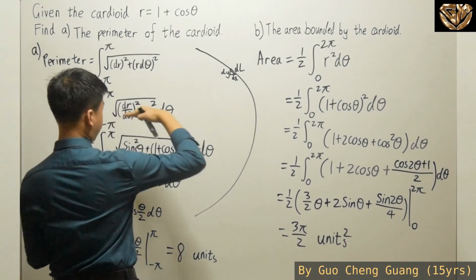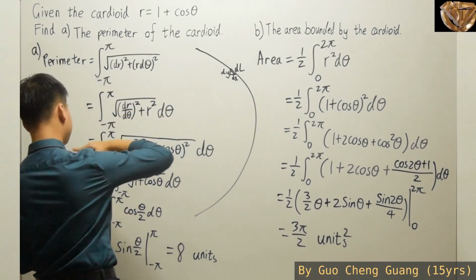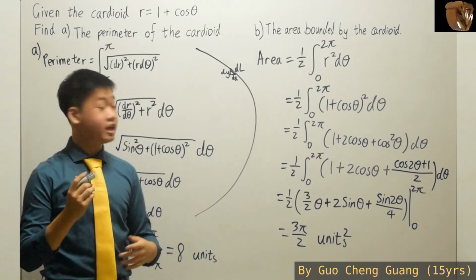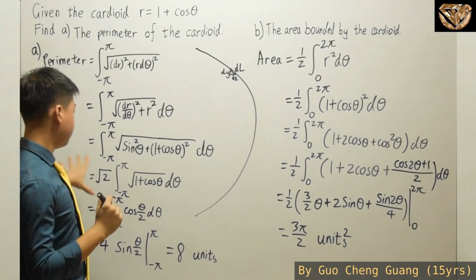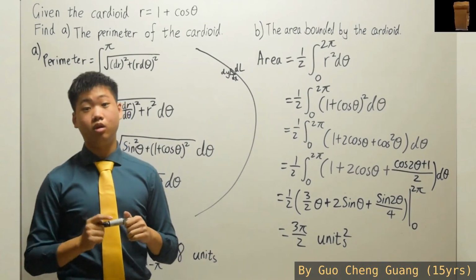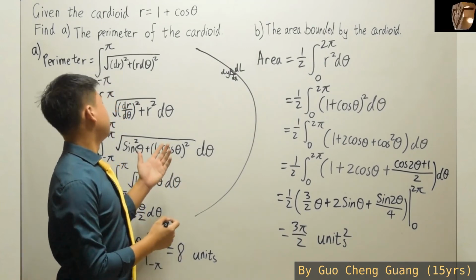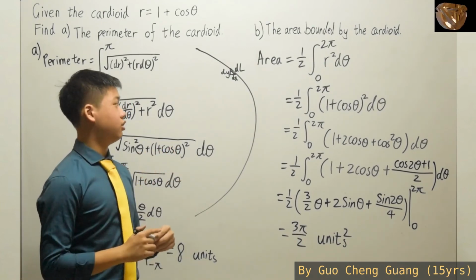Alright, and then afterwards you just make a few simplifications using a half angle formula, integrate it to get your perimeter. Well, for your area, it's just a bit different. Well, you could say it is pretty much an integrand difference.